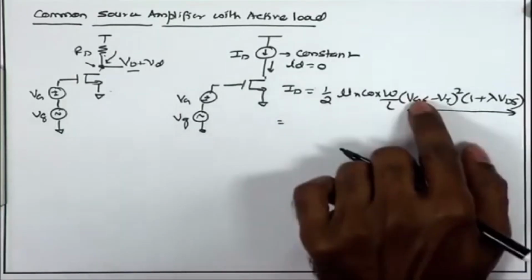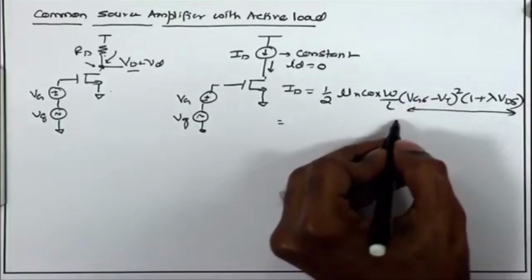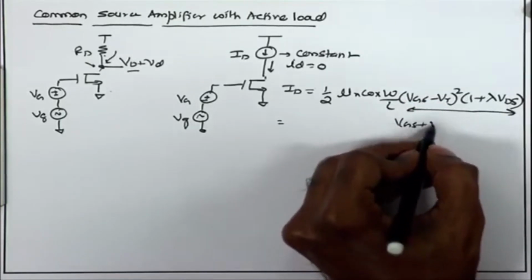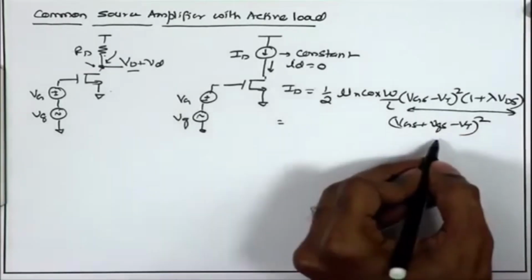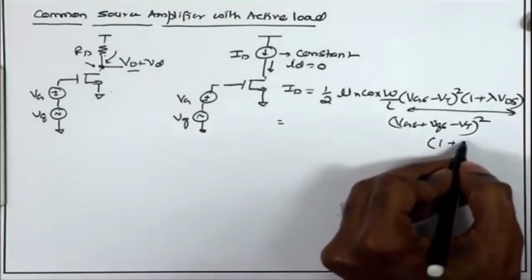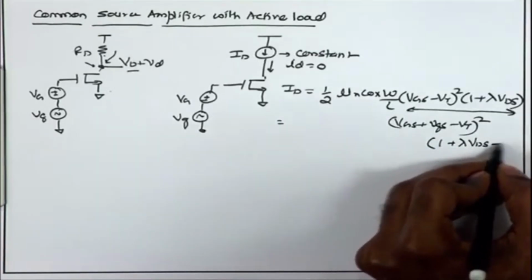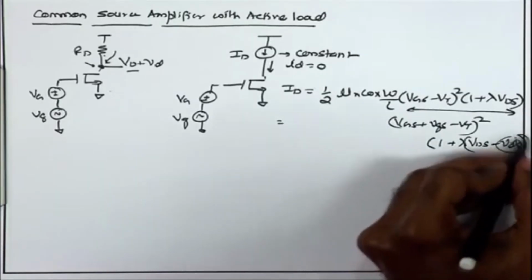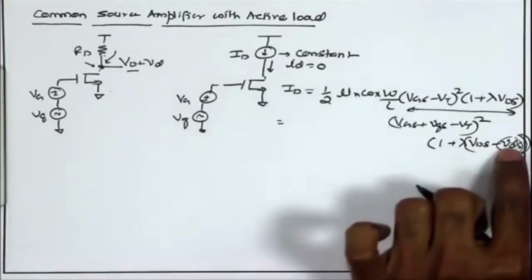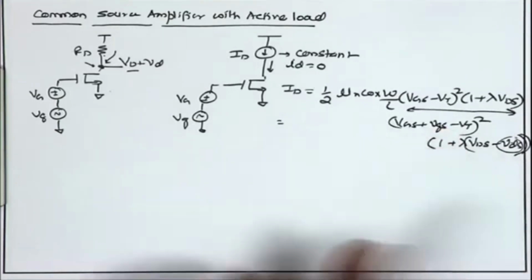Now, if we are trying to increase VGS, that means you are trying to increase the first term, VGS plus small VGS. In order to counter this, the second term must reduce, you must have VDS, if I call it a positive quantity. So, taken together, the second term should reduce if I am increasing the first term, so that the product remains constant.